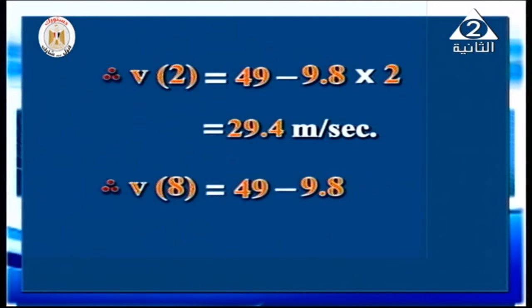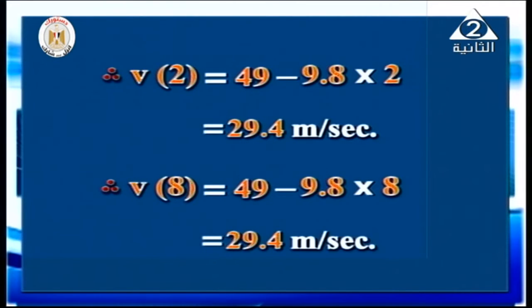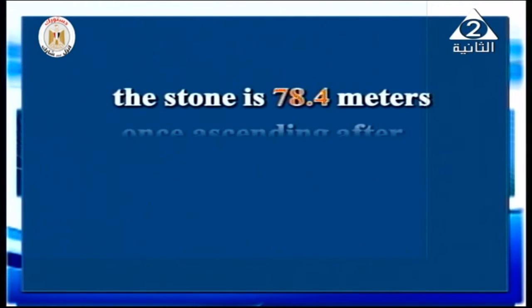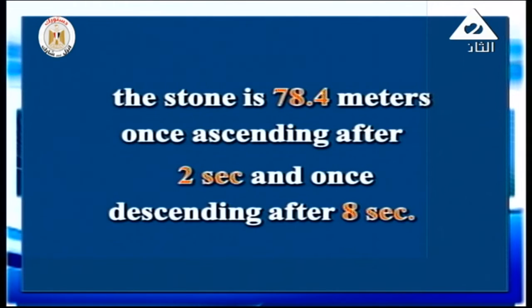Substituting t equals 8, the velocity equals negative 29.4 meters per second. The stone is at 78.4 meters once ascending after 2 seconds and once descending after 8 seconds.